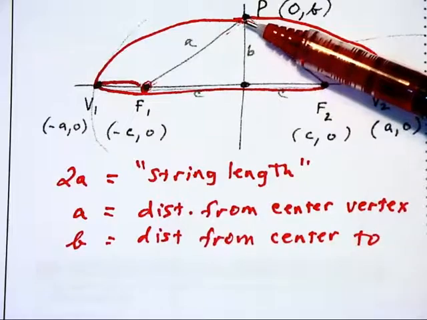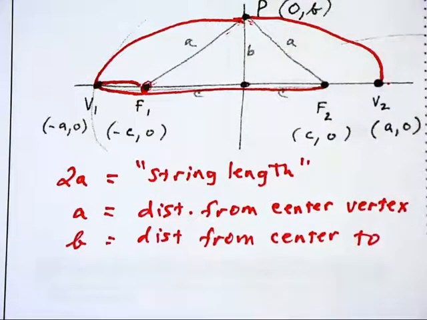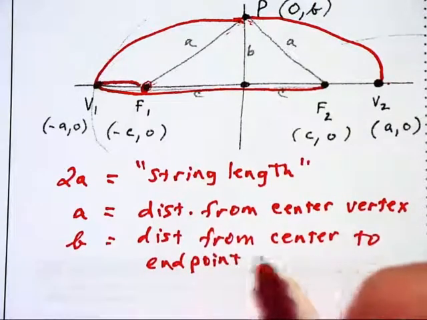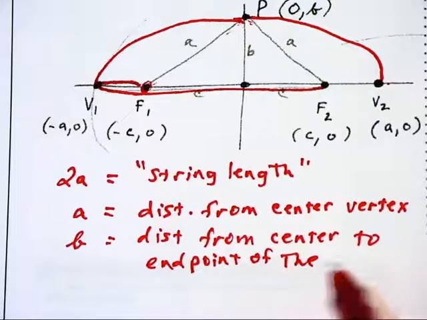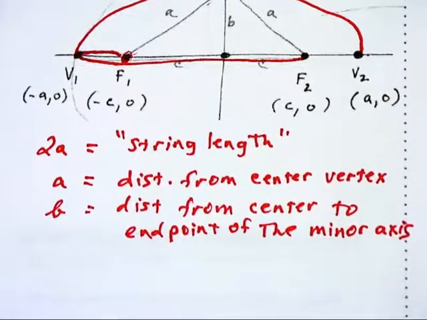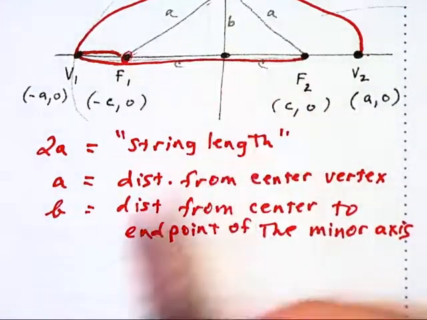Some people call it a co-vertex. I'm going to call it the end point of what we're going to call the minor axis. So the end point of the minor axis. And C, by definition, is the distance from the center to the focus.